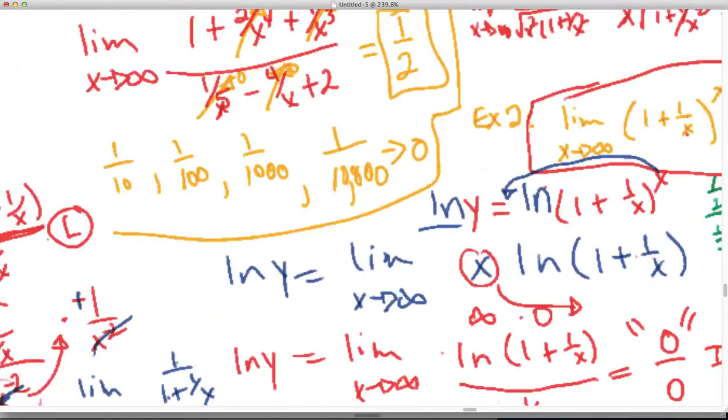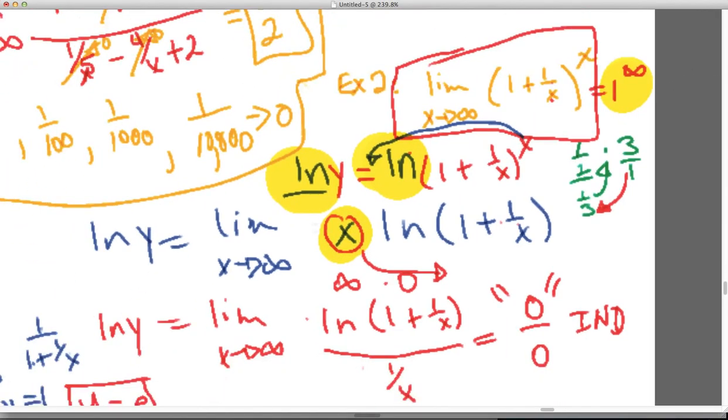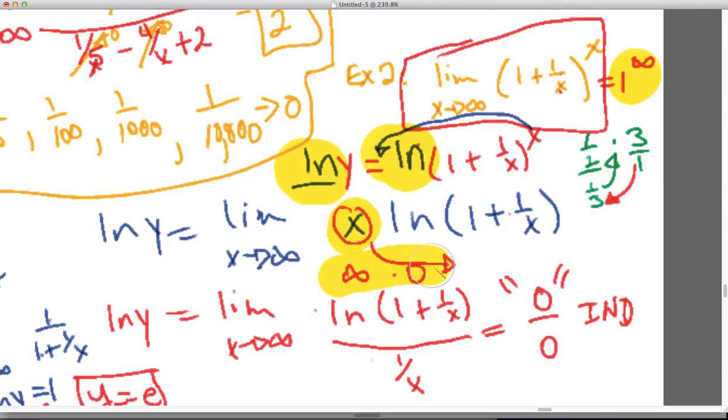So, recapping, we got 1 over infinity, which is an indeterminate form. So what we did was we ln both sides, allowed us to bring that down as a coefficient. Then when we plugged in, we got another indeterminate form.